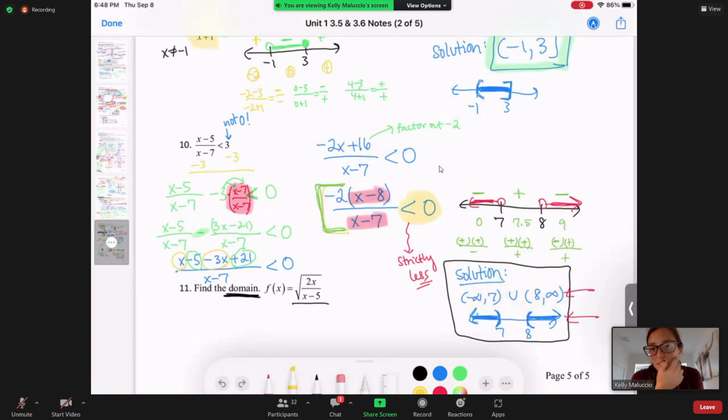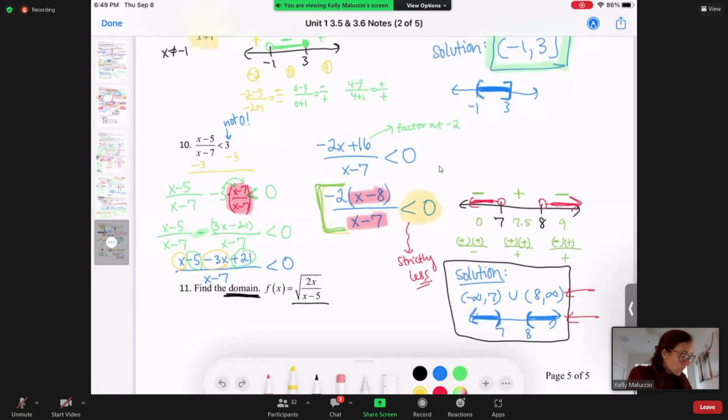Some of the questions on the test will ask, please write your answer in interval notation, or please write your answer like this, or on a number line or something, right? And that just means this way or this way. But if it does not ask, I will accept either. Okay. So hopefully that answered your question.